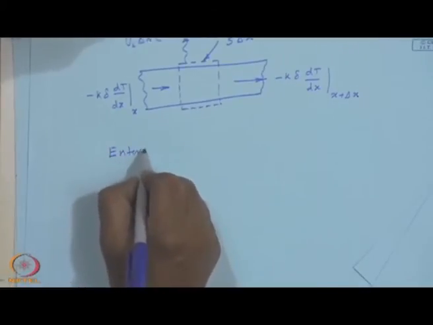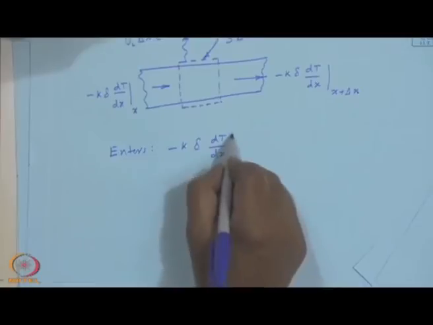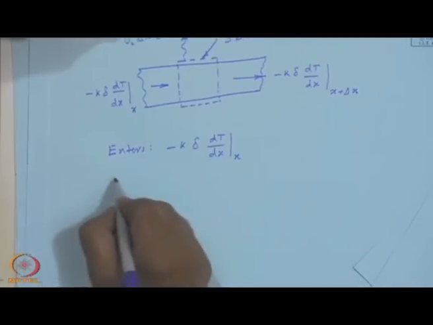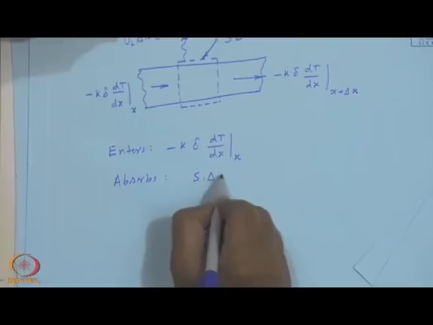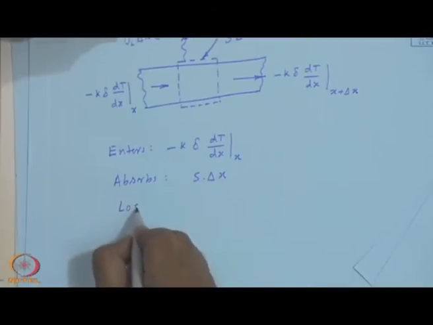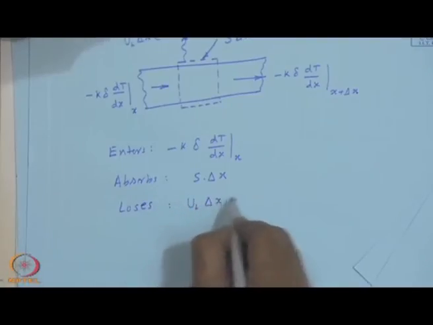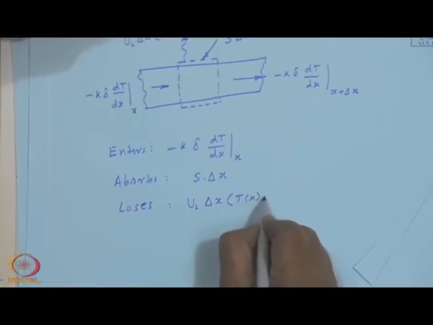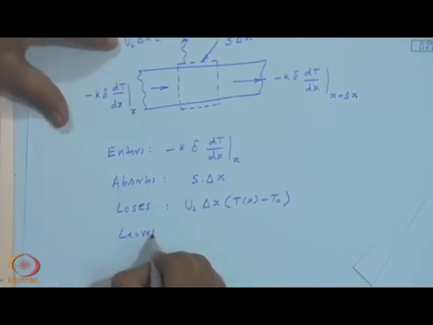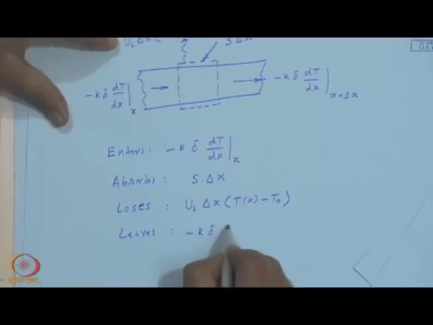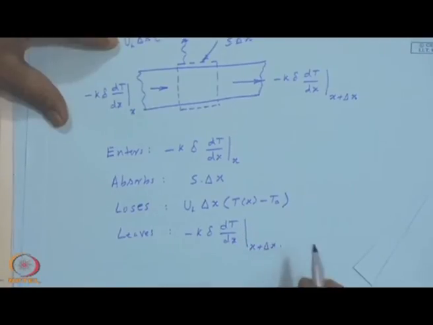So, I can write: enters minus k delta dT/dx at x, absorbs S times delta x, loses U_L delta x times (T, technically a function of x, minus T_a), and leaves minus k delta dT/dx at x plus delta x.